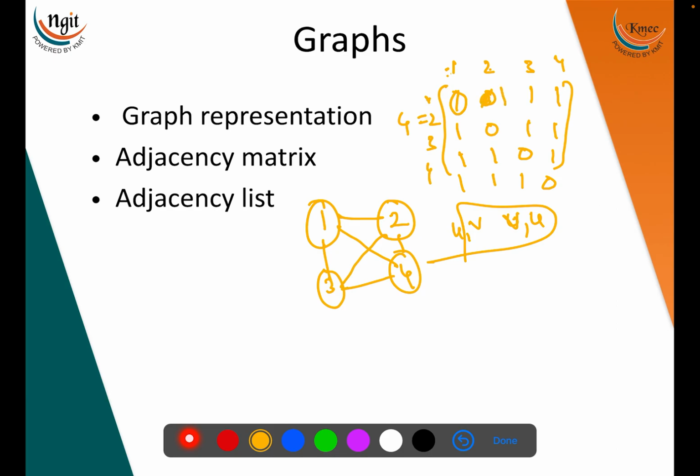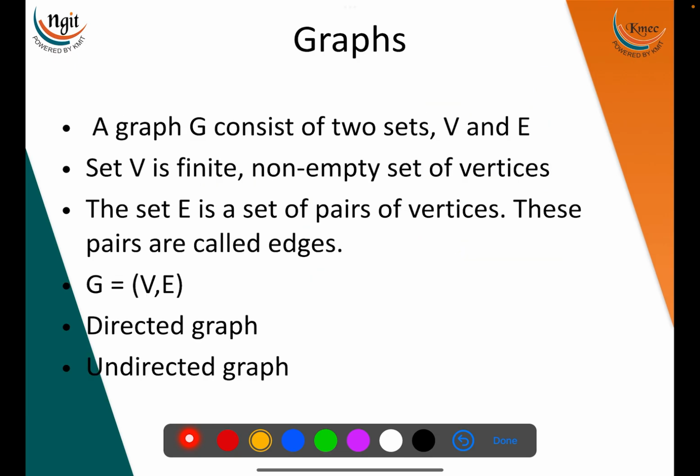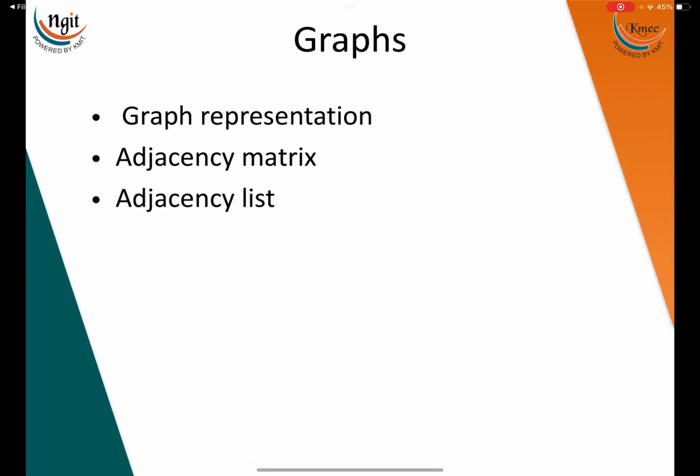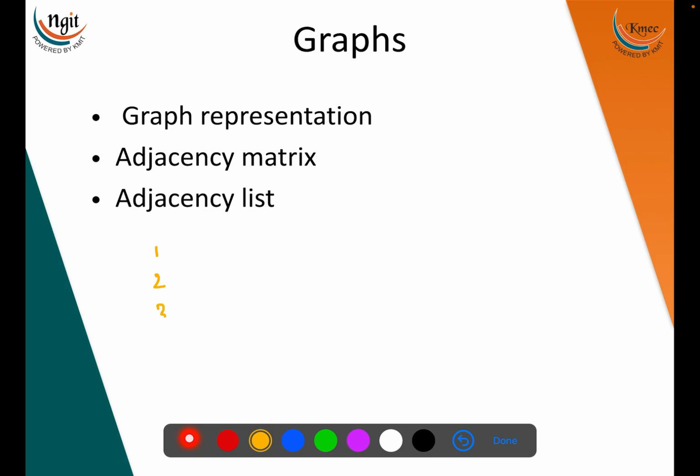So finally, what did you understand? You can represent a graph in matrix, and you can also represent a graph in list. That also we'll see how I can do, that will take some head nodes. 1 2 3 4 are head nodes, and this is having vertex links.